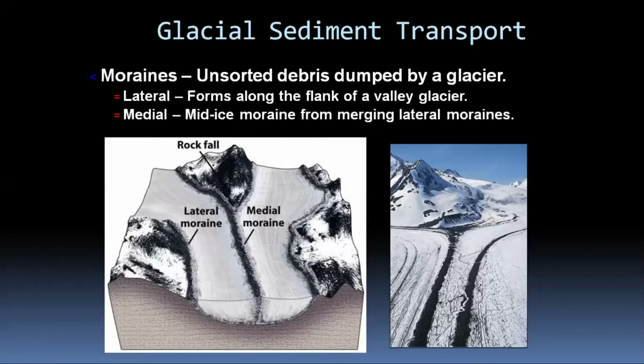So here you can see two types of moraines. This term is called moraine. Moraine is basically a term for the deposition of the glacier during transport. Here we have two types of moraines, lateral moraine and medial moraine.